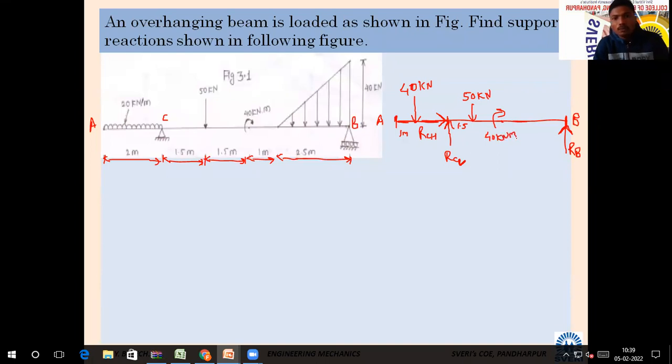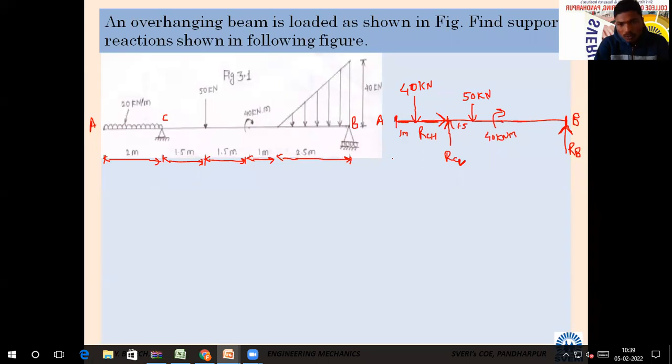Next one. Which load remains now? Uniformly varying load. What will be the intensity of that load? Equal to what we have seen? Equal to area of right angled triangle. Then what will be the area of right angled triangle? 1/2 into 2.5 into 40.